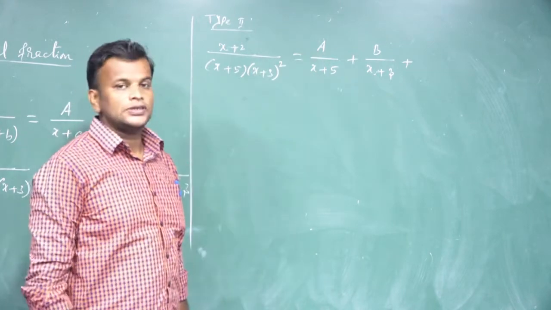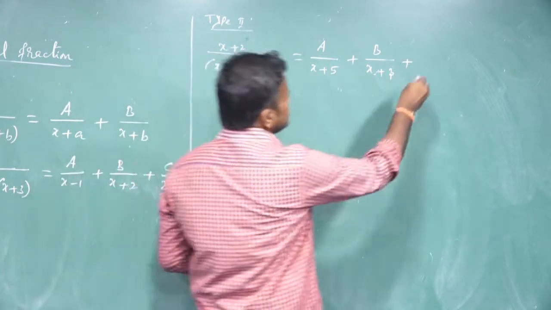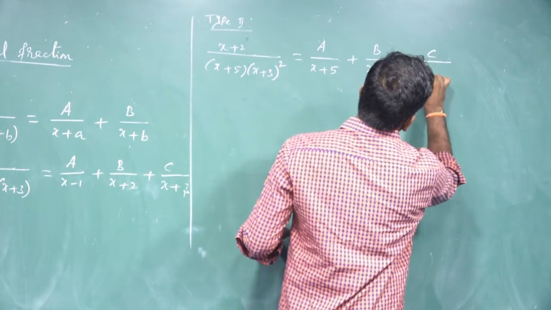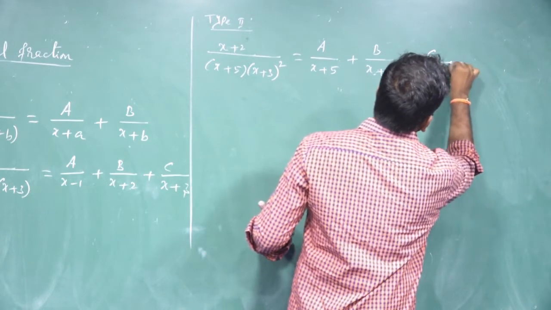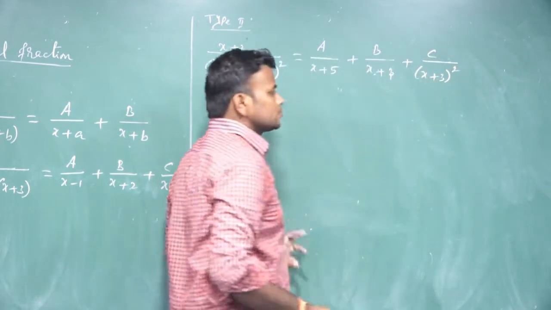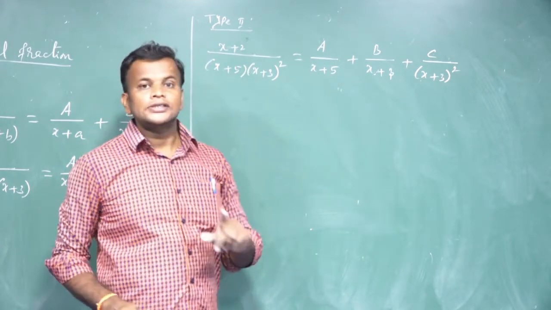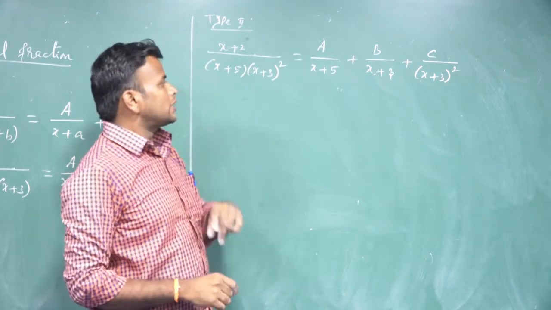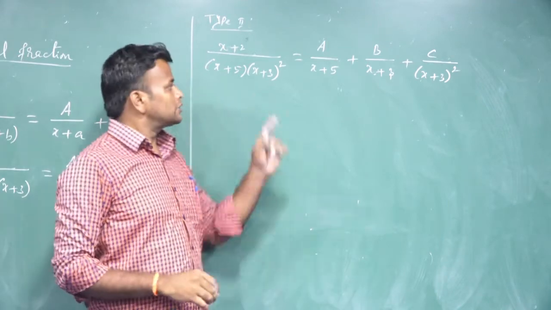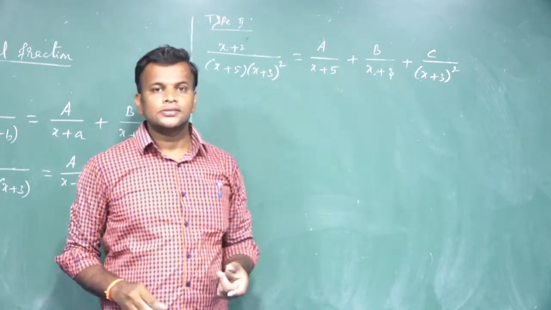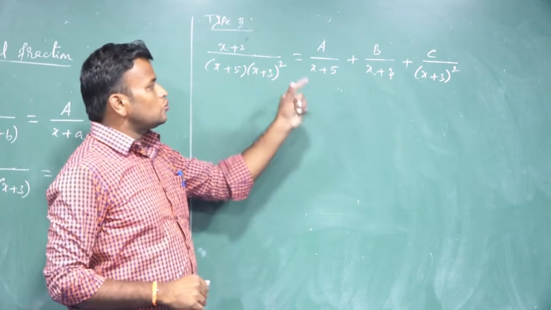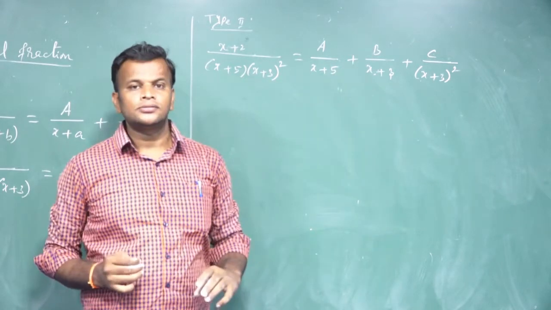First we write x plus 3. Next, c divided by x plus 3 the whole square. So we increase the powers. I already told you, for each and every linear factor there is a constant. Here how many factors? 3 factors, because the square is there. You see 3 constants. If a square or cube is there, it is a working rule.